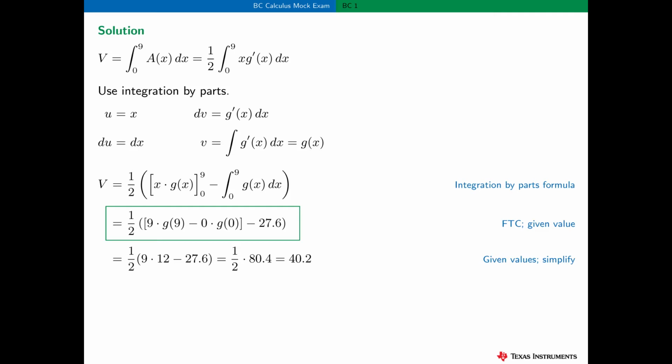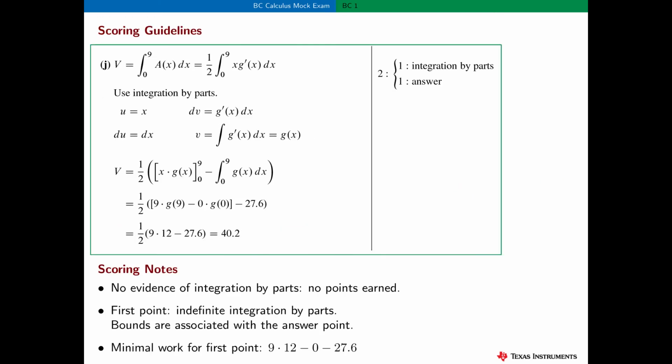And the remaining integral is simpler, and the value of this definite integral was given in the statement of the problem. G of 9 is also given in the statement of the problem, and a little simplification gives us a final answer of 40.2.